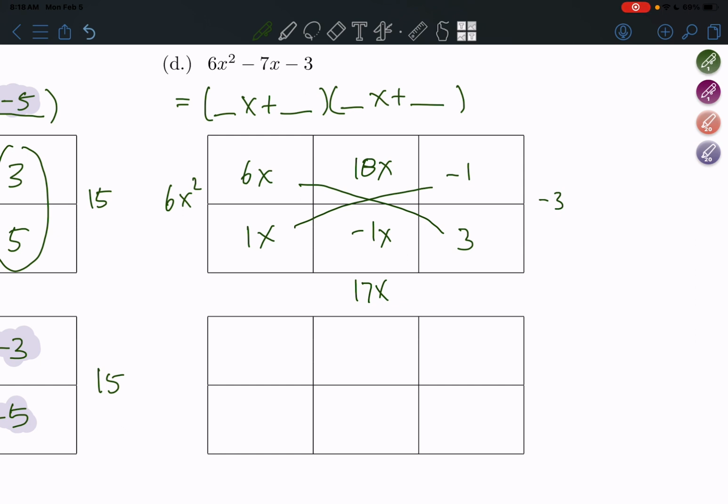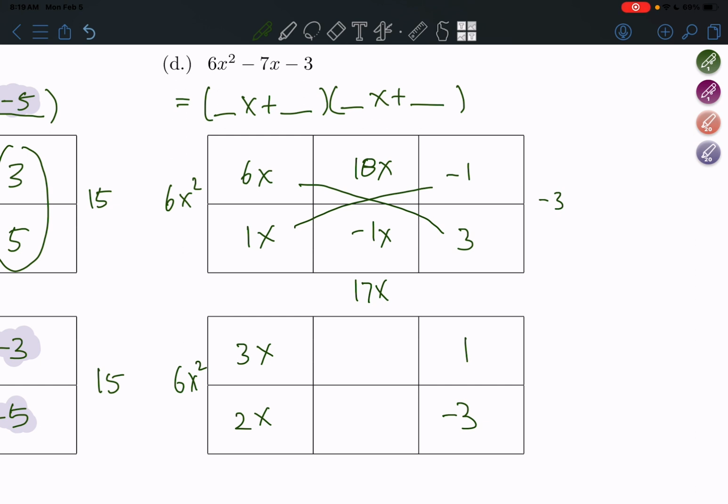So we move on to the other possible factor. 6x squared factors into 3x and 2x. And from here, I can make my guess one more time. Let's just jump to the answer here. It's going to be 1 and negative 3, that is.